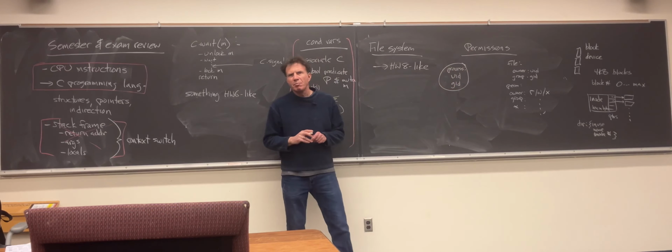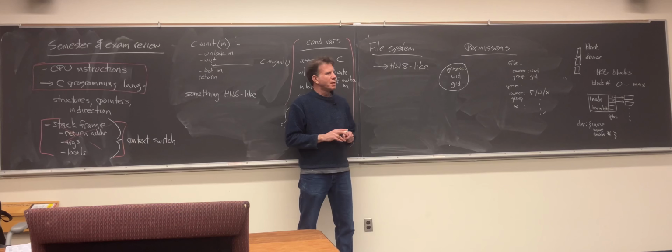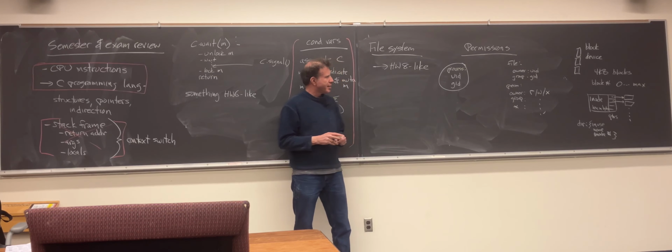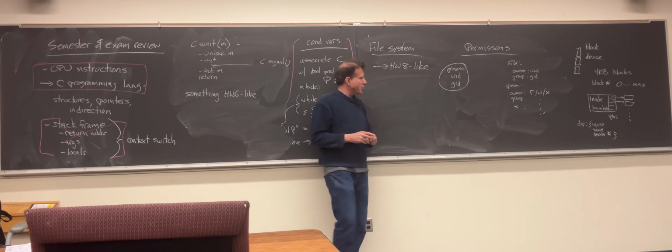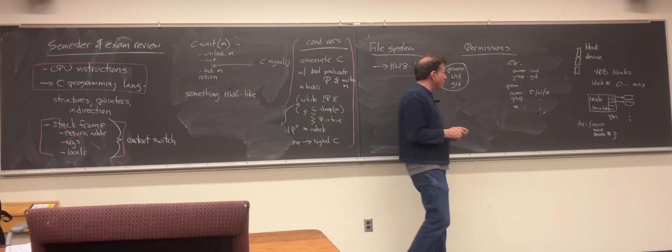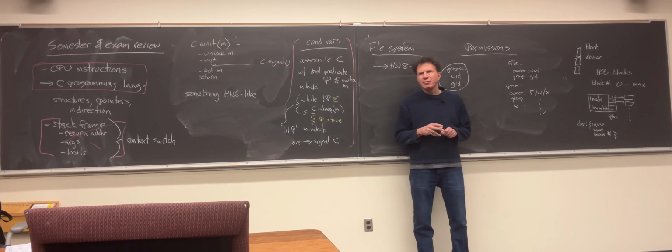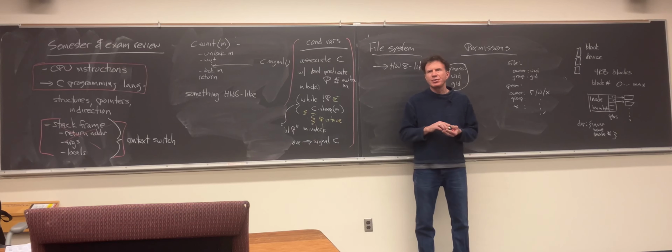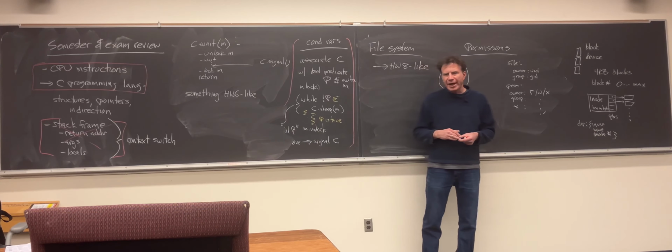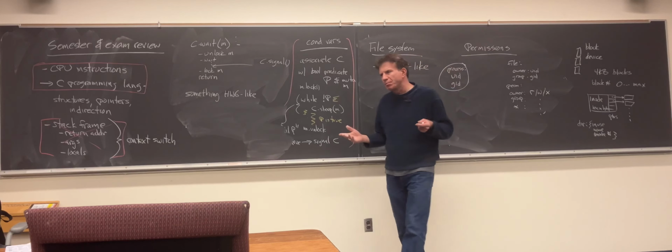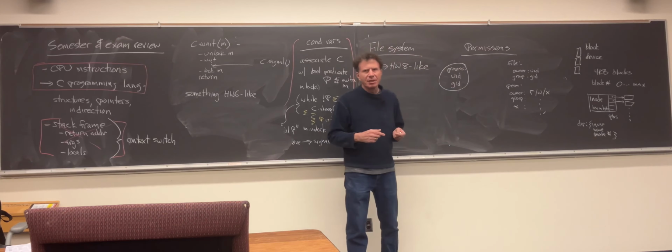Does anyone remember why I mentioned that these permissions aren't all that expressive? Can anyone think of a case where you might have some set of access rules that you wanted to implement, but you could not do them in Unix permissions?